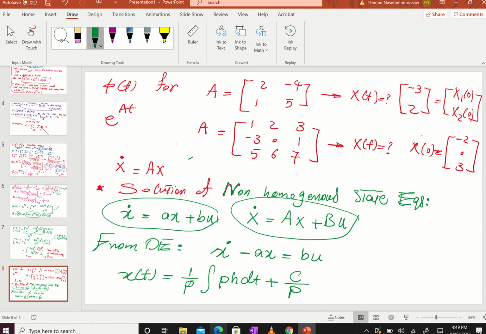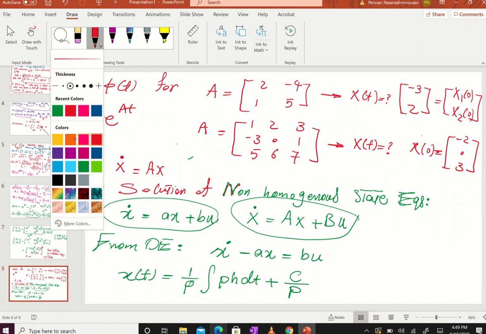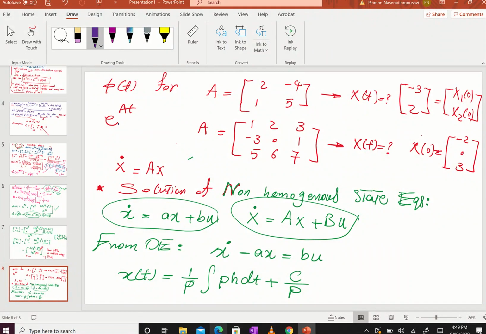For refreshing your mind, p is exponential of the integral of minus a dt, and h is the force controller that you're applying to the system, Bu.